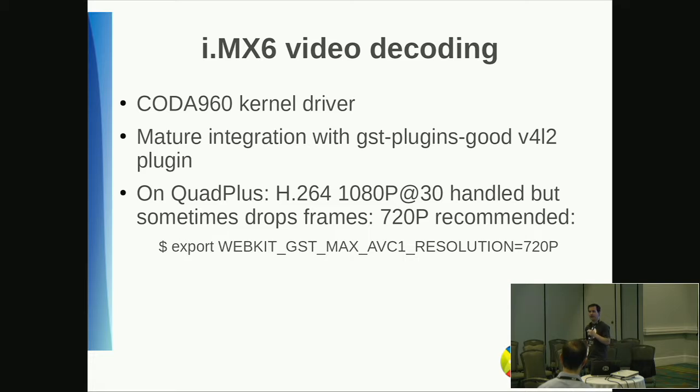So in the media capabilities backend, we added support for an environment variable that you can use. It's quite useful, especially on YouTube, because YouTube can provide both Full HD and 720p. But if we use that environment variable, YouTube will provide only 720p, and the playback will be smooth.